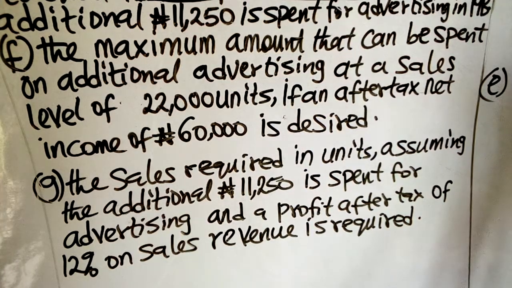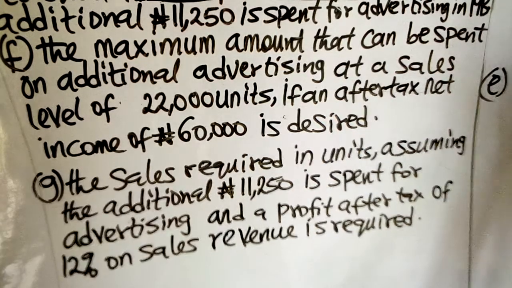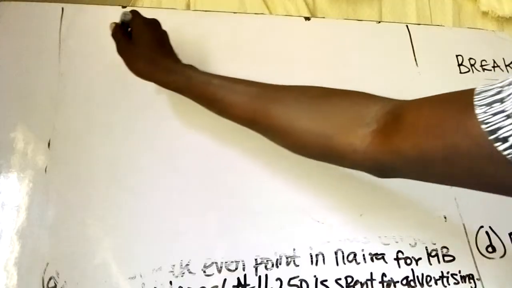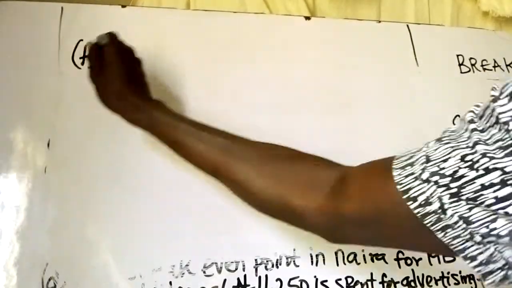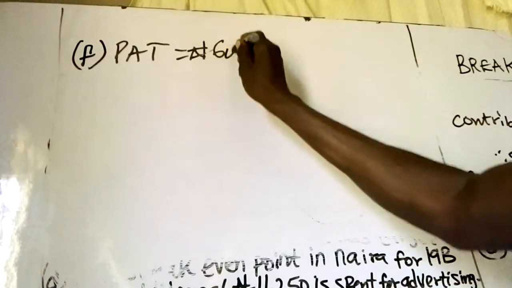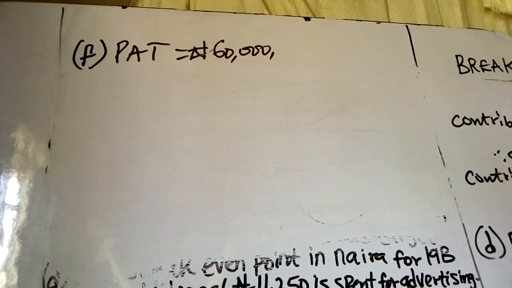Now, we want to answer that. You are given the profit after tax of 60,000. That is requirement F. Our profit after tax is given to be 60,000 naira. The maximum amount that can be spent on additional advertising at a sales level of 22,000.